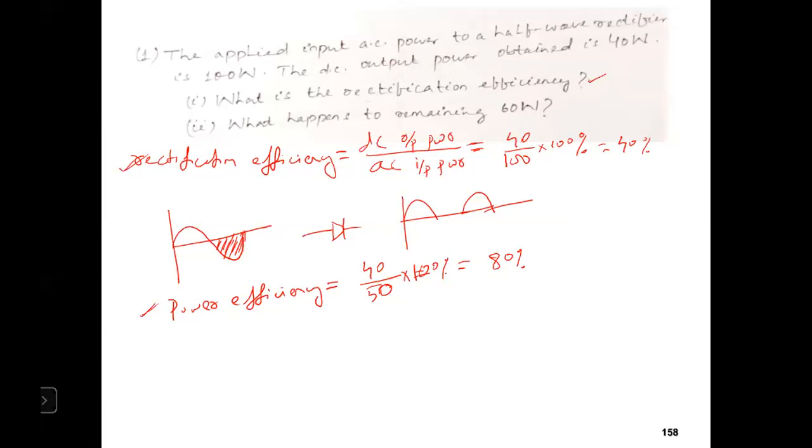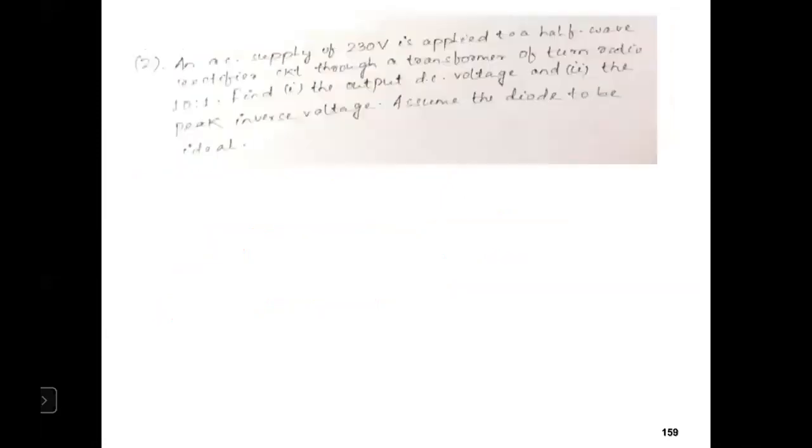So here you'll say that rectification efficiency is 40% and the power efficiency will be 80%. Okay, so come to another problem. Just go through these slides. One thing I have already told you: always remember one table was there, the relations which you have derived previously.